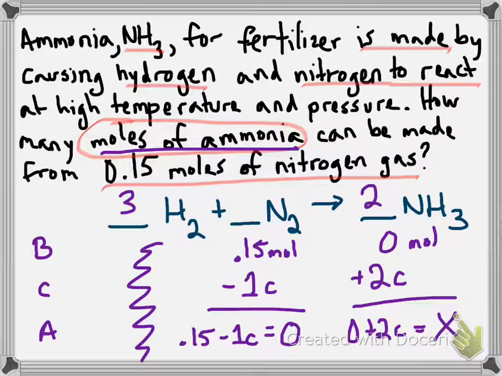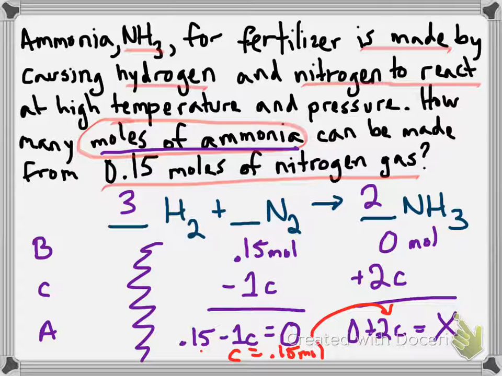So I'm going to start by solving the equation that only has one unknown. So 0.15 minus 1 times C, or minus C, equals 0. So when you solve this equation, you should get C equals 0.15 moles, because 0.15 minus 0.15 would equal 0. So I'm going to plug in my C here.